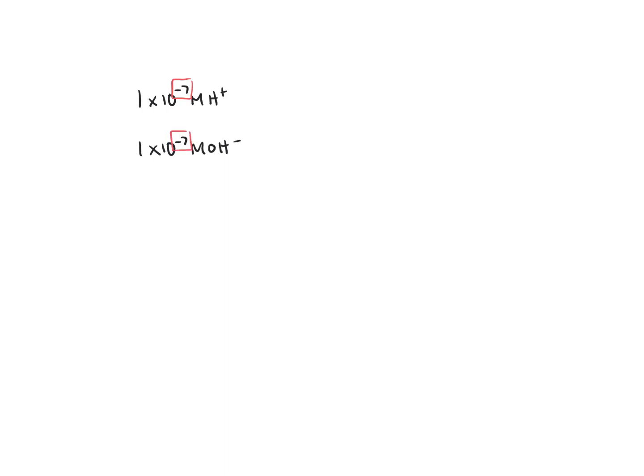Now what we're going to do is take the log base 10, but we're going to take the negative of it. In other words, we're not going big numbers, we're going really small numbers. So if I take the negative log of 1 times 10 to the negative 7th, it equals 7, because what it's basically doing is just seeing to what power this number is.